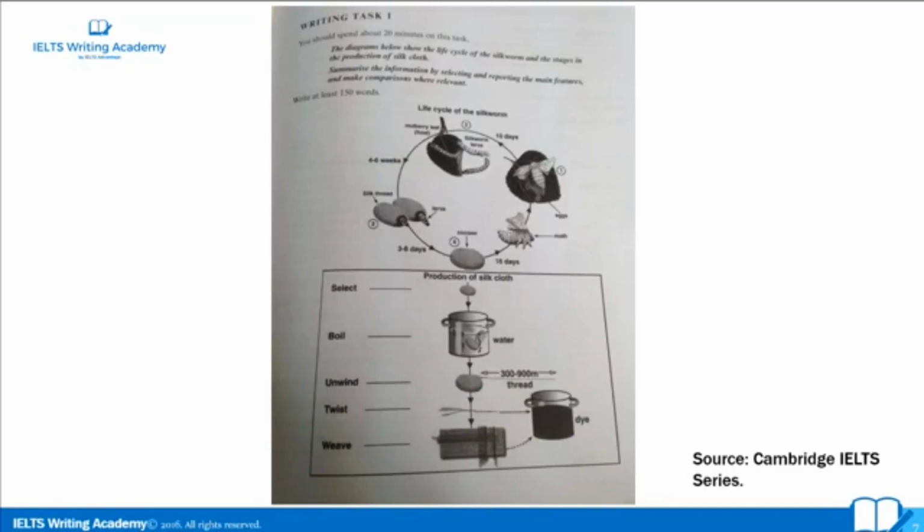Okay, Optimistic Man is first again. Paragraph 1, life cycle. Paragraph 2, production of silk. Kana, same. Ronalyn, just one again.